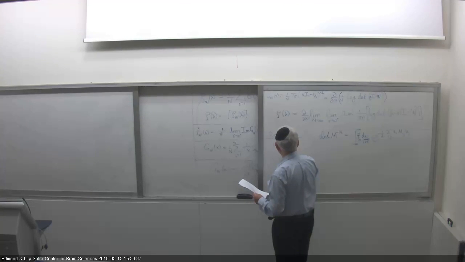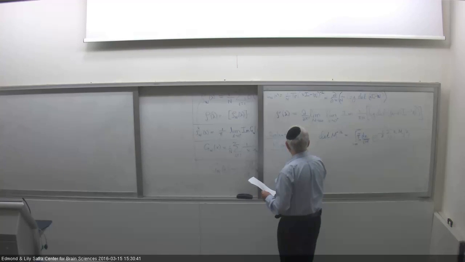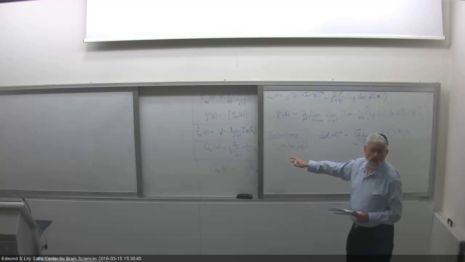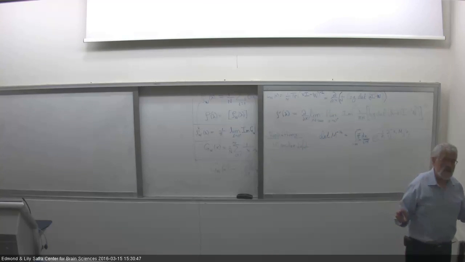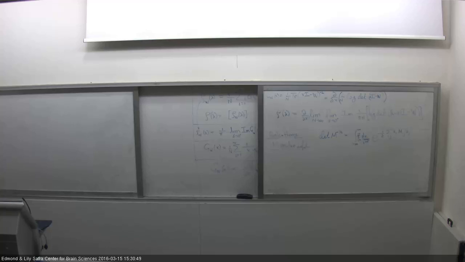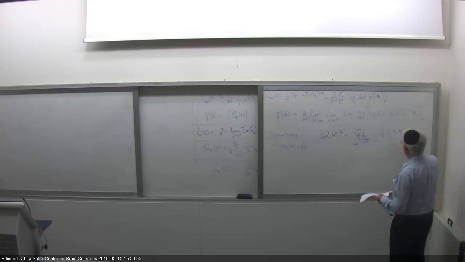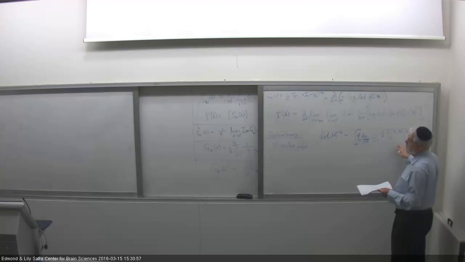Otherwise, things may blow up in this integral. But if M is positive definite, it's not our W. Our W, I didn't say that it's positive definite, it may have negative eigenvalues and so on. But here I'm talking about M which is positive definite. This is an equality, right?